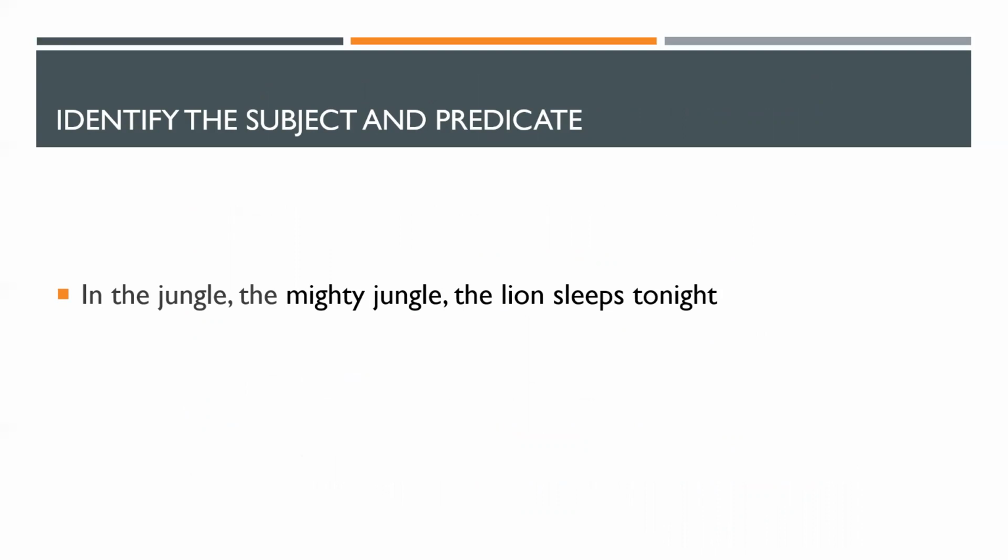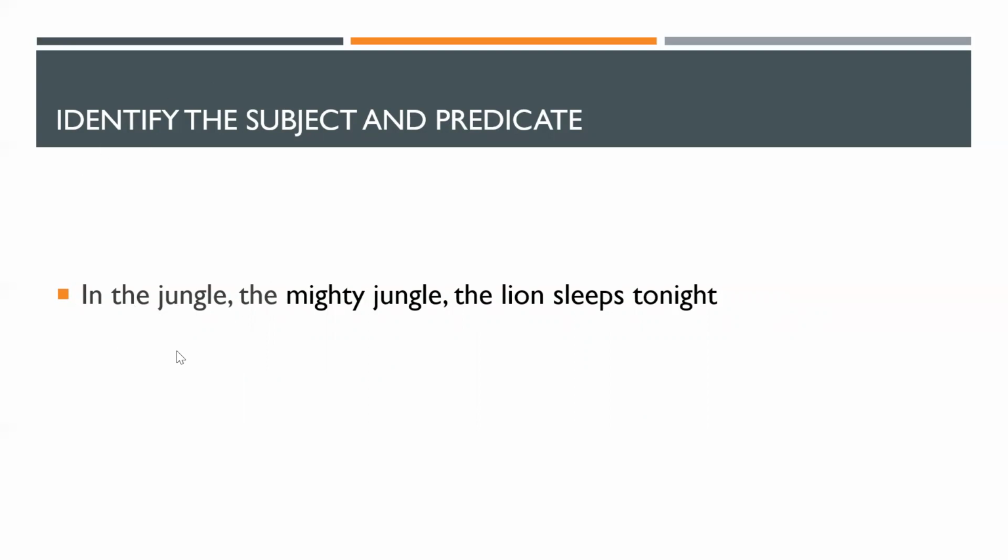Are you familiar with this sentence? In the jungle, the mighty jungle, the lion sleeps tonight. Gitu. I think that if you remember the song, you will be able to sing this sentence, right? Okay, we go to the next one, identifying the subject and predicate of this sentence.